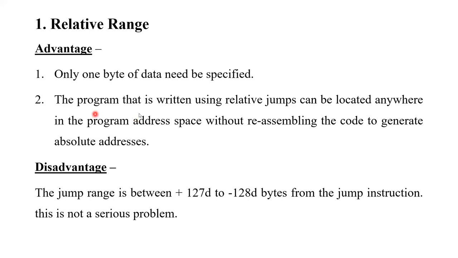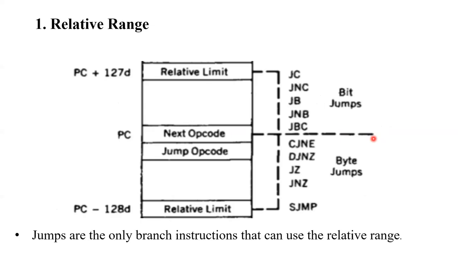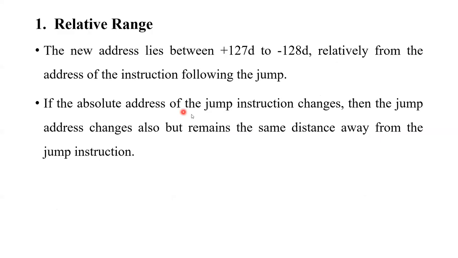Next, a program written using relative jumps can be located anywhere in the program address space without reassembling the code to generate absolute addresses. When I explained the relative range, I said if the absolute address of the jump instruction changes, then the jump address changes also, but remains the same distance away from the jump instruction.